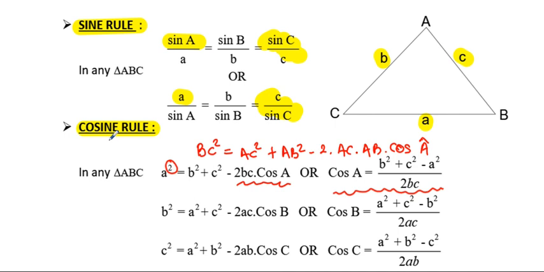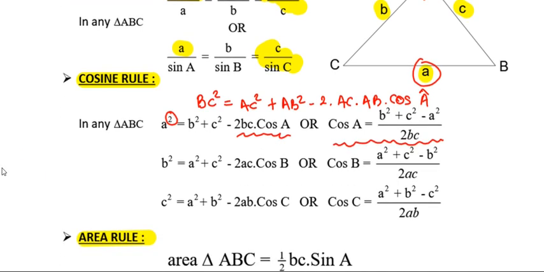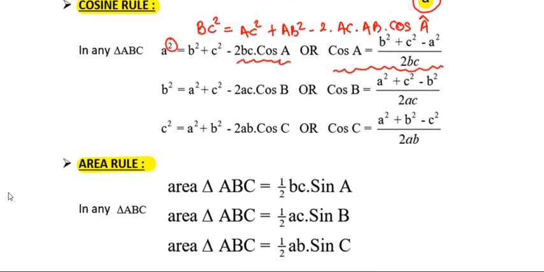You would use the cosine rule if you have 2 sides and an included angle, and therefore you can find that. Or have that side, and you have that angle, and you can find that, and many other combinations. You can also use the cosine rule to find angles, provided that you know the lengths of the 3 sides of the triangle. It's important that we concentrate and know the application of the sine rule and the cosine rule.